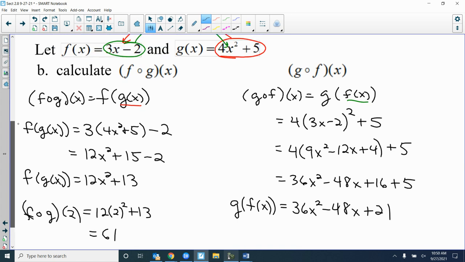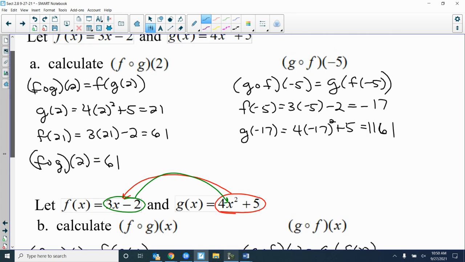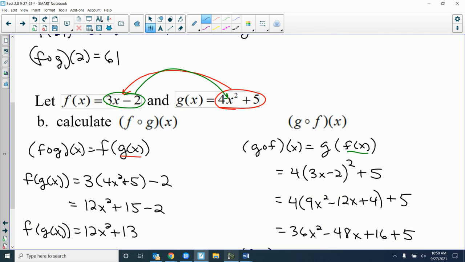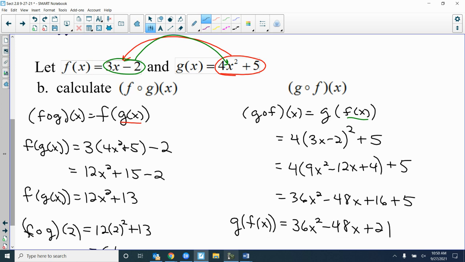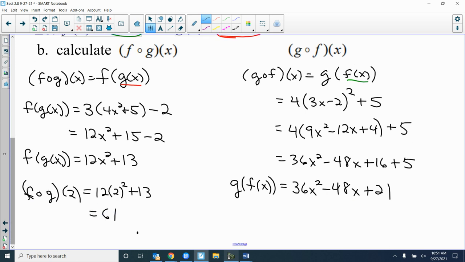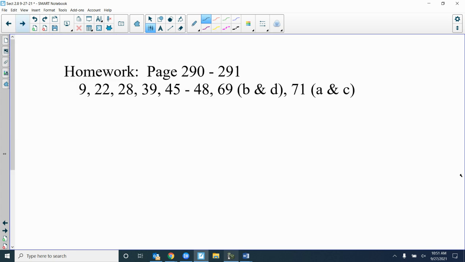So we got the same thing as up above, where we plugged it into g first and then into f. If you're given this, you can go in this order, that's fine. If you're asked to do a bunch of them, you might want to do f of g of x and then substitute into there. But it'll always give you the same answer, either way.